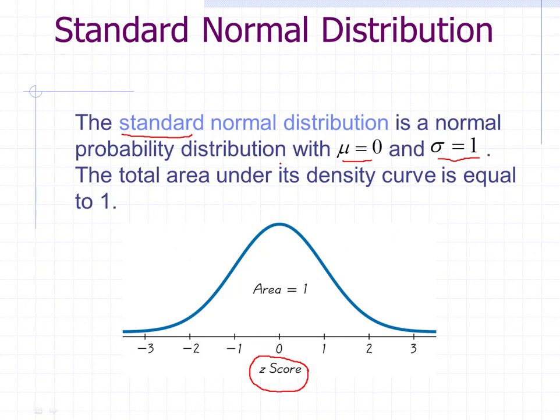Okay, and remember from one of our previous chapters, z equals my score minus the mean divided by the standard deviation.